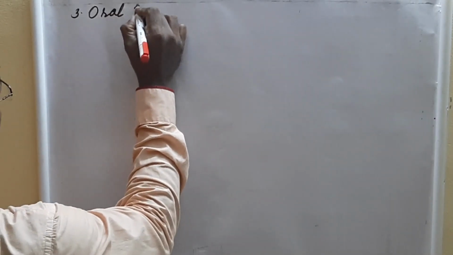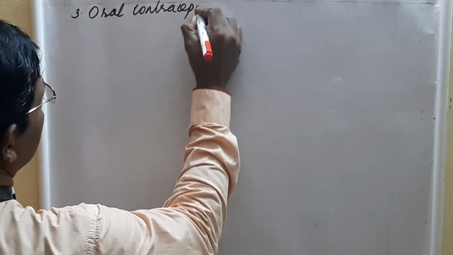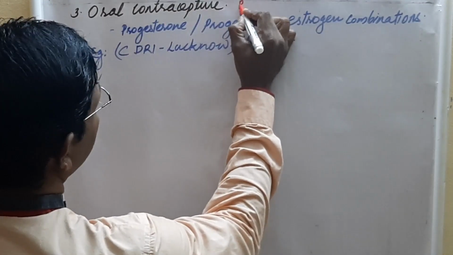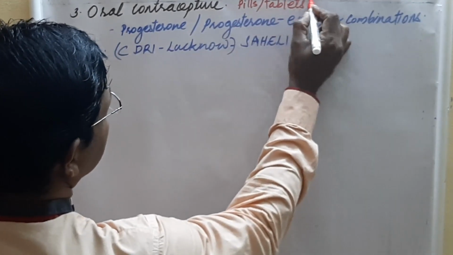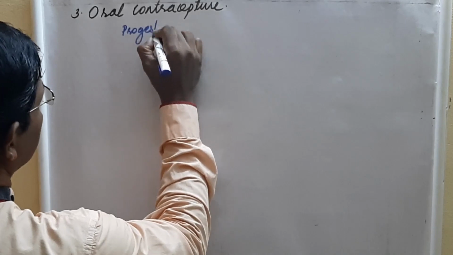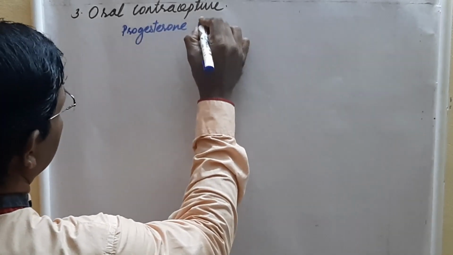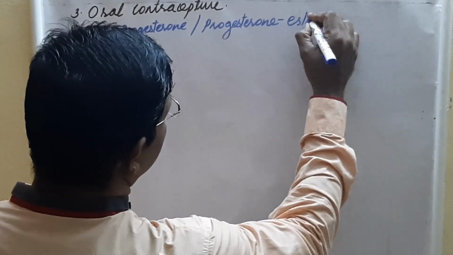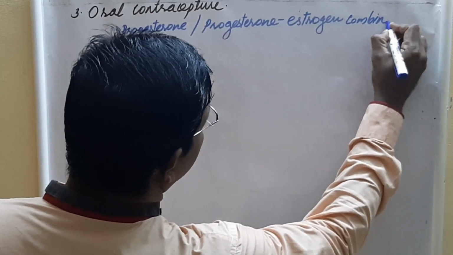The next is the oral contraceptive. These are pills or tablets. The oral contraceptives are small tablets or small doses of hormonal preparations like progesterone or progesterone-estrogen combination.